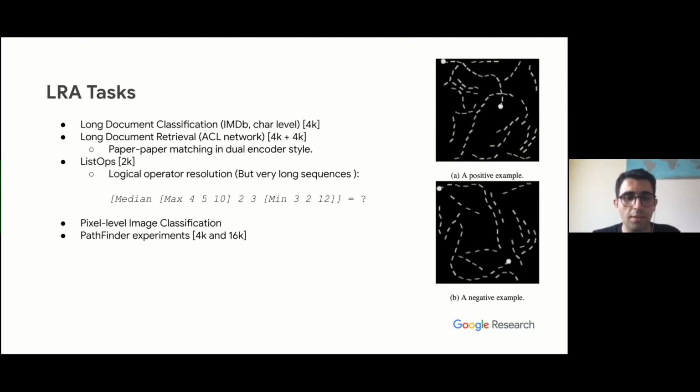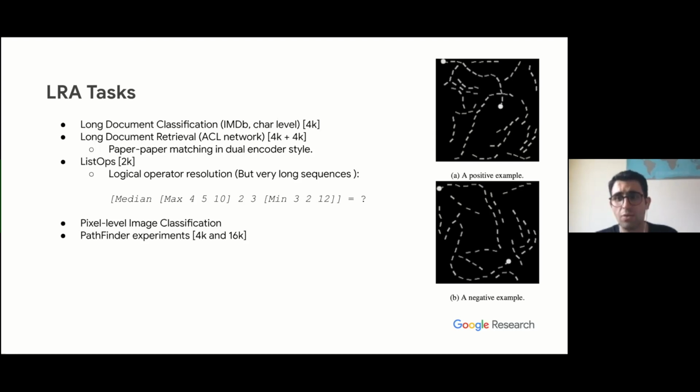And the other one was Pathfinder, of which I have 2 examples, which is basically an image task where you really need to have a global receptive field or some sort of recurrence or some sort of features in the architecture that is able to capture transitivity.